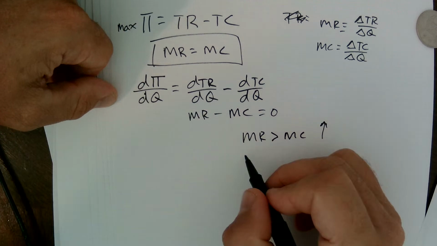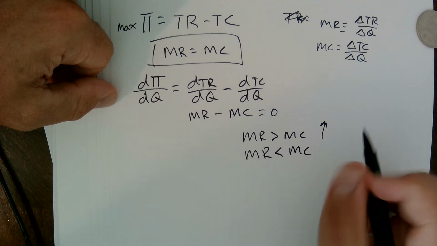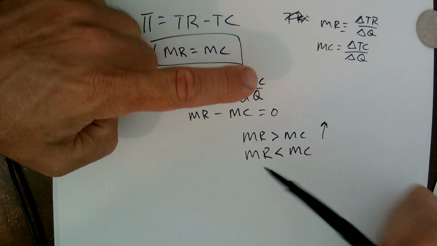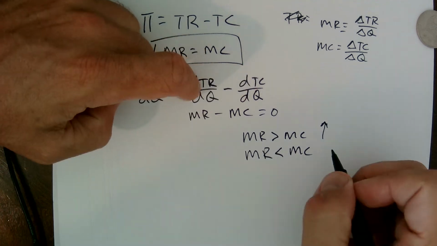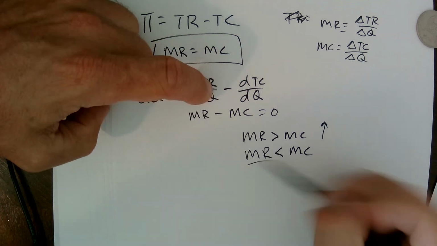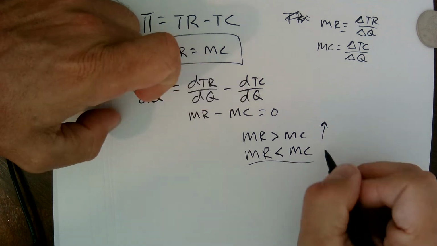And obviously, you can look at it the other way. If marginal revenue is less than marginal cost, how do my profits change? Well, in this case, my costs increase by more than my revenues, and therefore profit has to be taking a hit. So in this case where marginal revenue is less than marginal cost, I should produce less.